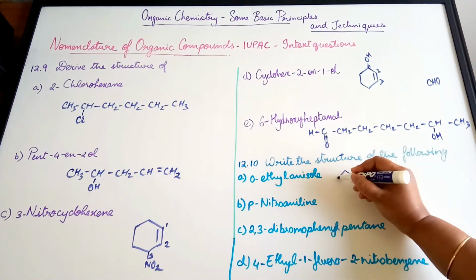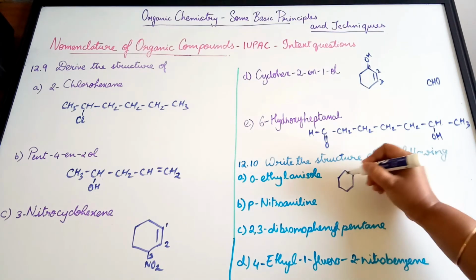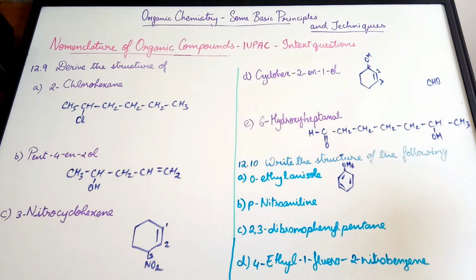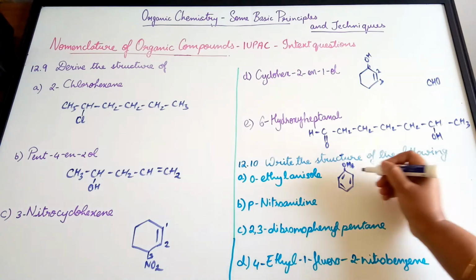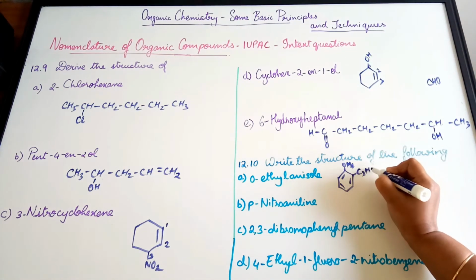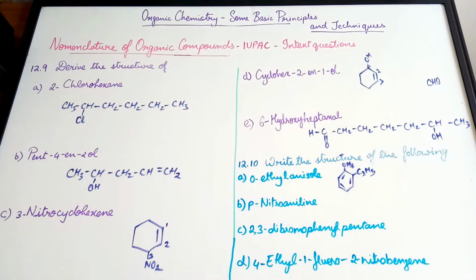Okay, anisole is a benzene ring with an OCH3 group, OMe or OCH3. Now ortho, meta and para positions. So ortho-ethyl means over here at the ortho position there is a C2H5 group which is present.